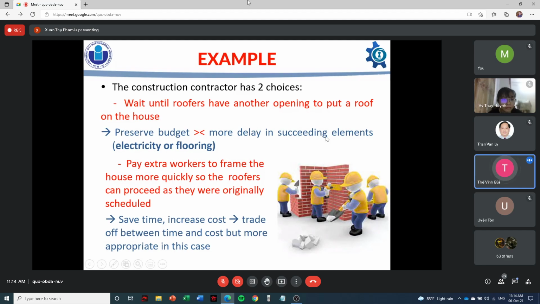The second choice is to pay extra workers to frame the house more quickly, so the roofers can proceed as they were originally scheduled. This helps save time but increases cost, a trade-off between time and cost, but more appropriate in this case. So in this case, according to me, I choose to pay extra workers to frame the house more quickly.